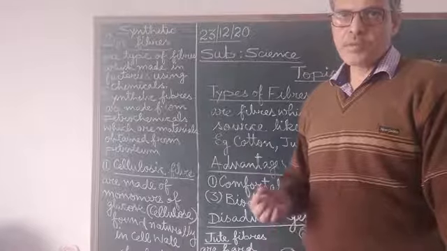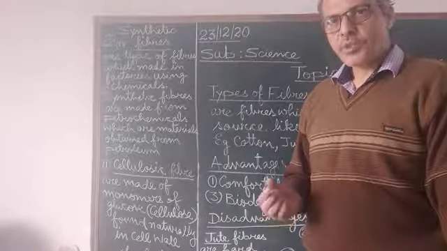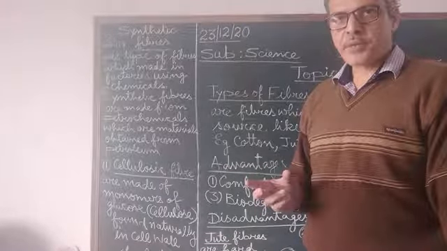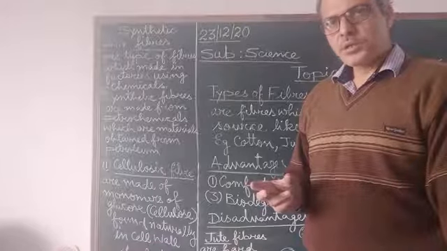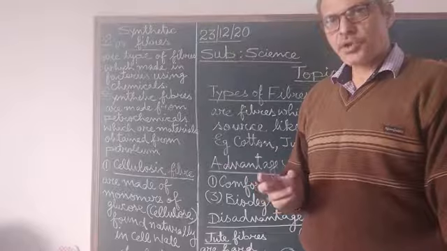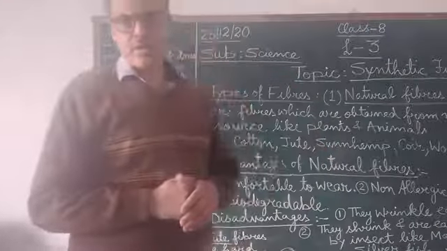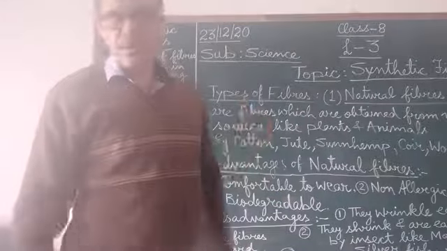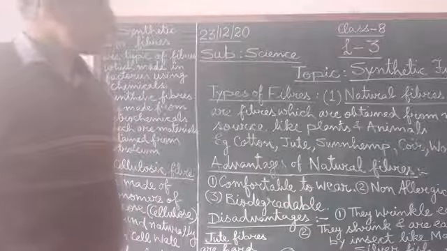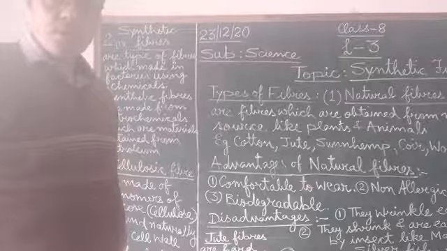When small repeating units called monomers join together and form a chain-like pattern, it results in the formation of polymers. And these synthetic fibers are also made up of polymers, which are chains of repeating units of monomers.